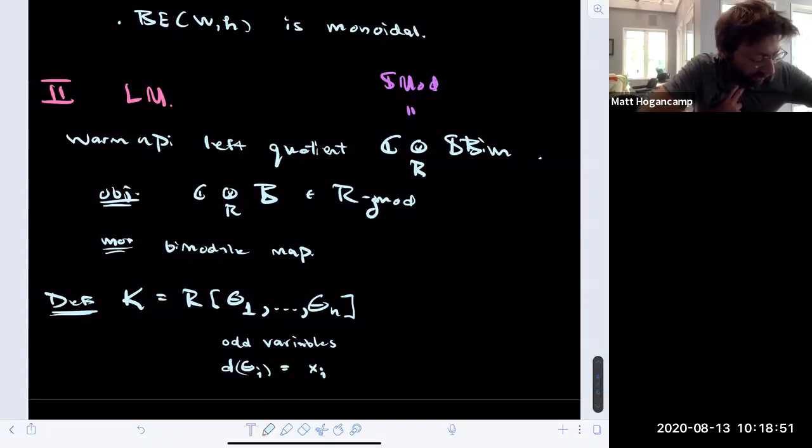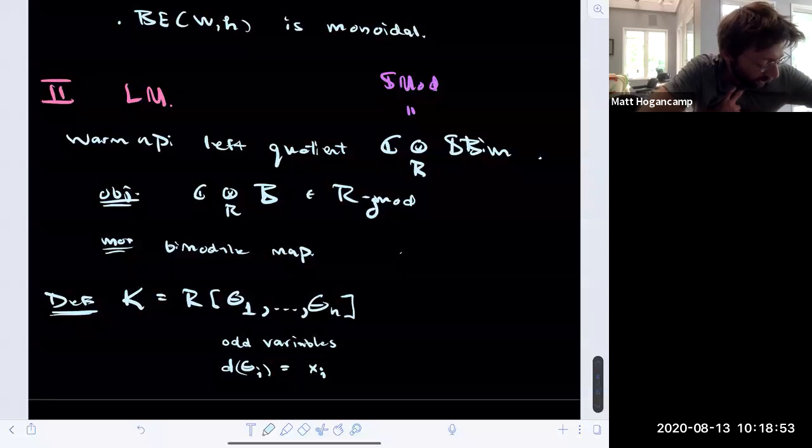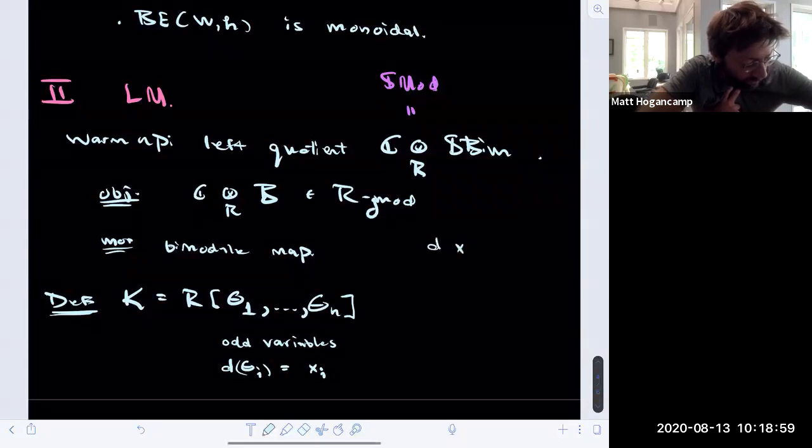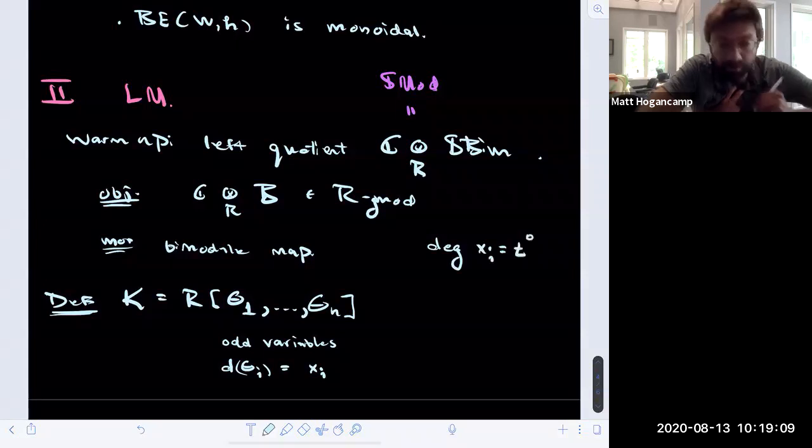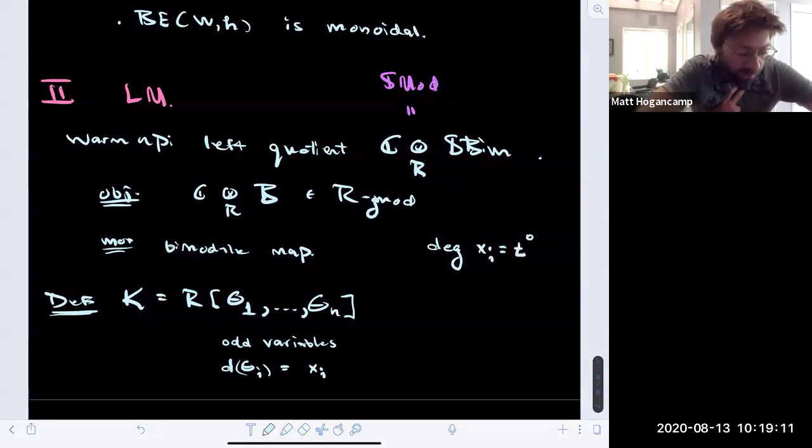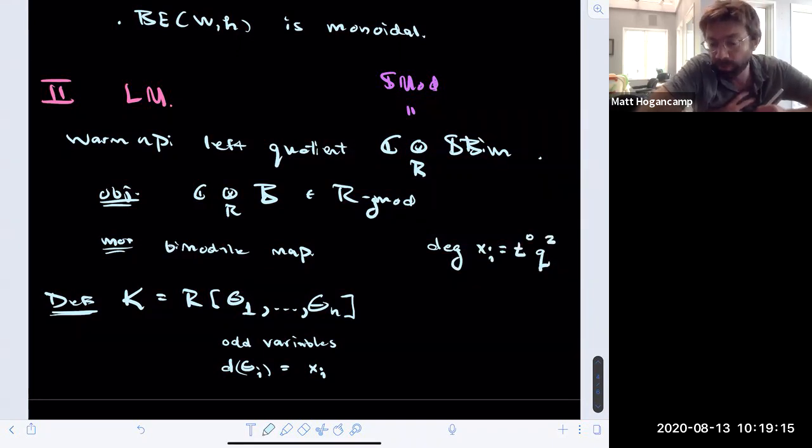I don't want to confuse everyone by talking about gradings, but let me just write that everything here should be regarded as bigraded. So the cohomological degree of x i is 0, and the other degree, the Soergel degree of x i, is 2. I'm going to write degrees multiplicatively in this way.